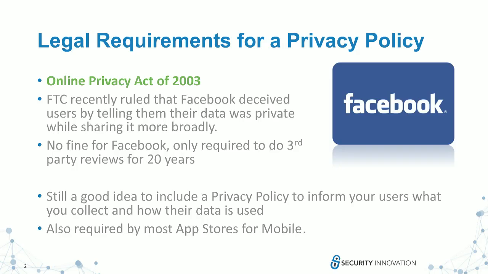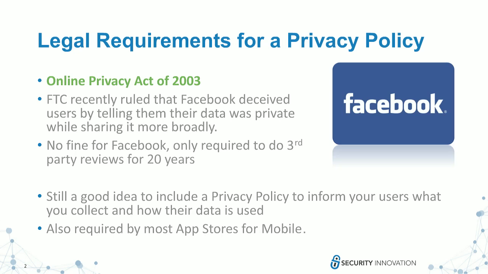I just want to take them as a lesson learned, because back in 2003, this is still really new, and we were still trying to find our way with how to protect consumers, how to protect users, and encourage organizations to keep their personal data private. So the Federal Trade Commission here in the United States ruled that Facebook deceived users by telling them that their data was private while sharing it more broadly.